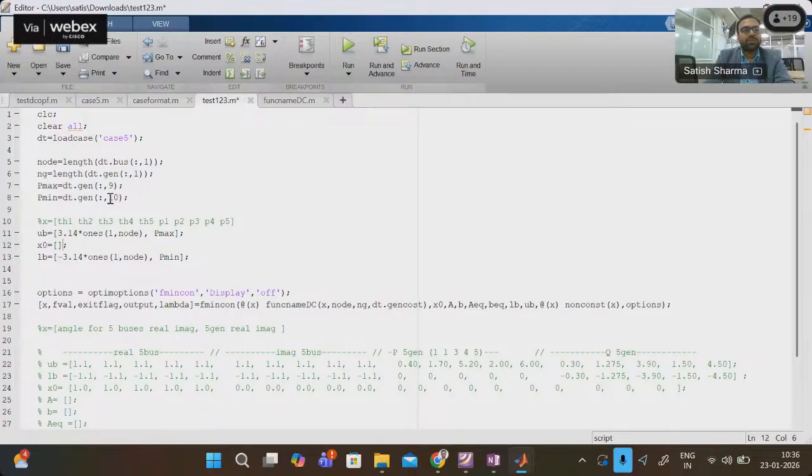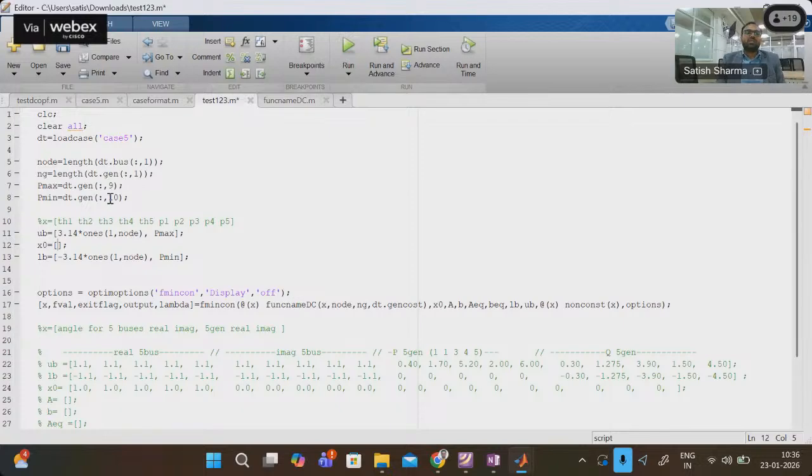Now, can anybody tell me what should be the initial values for thetas? Please put your answer in the chat box. What should be the initial value? The maximum value for theta is pi, the minimum value is minus pi for the angle. What should be the values if I have to initialize it?